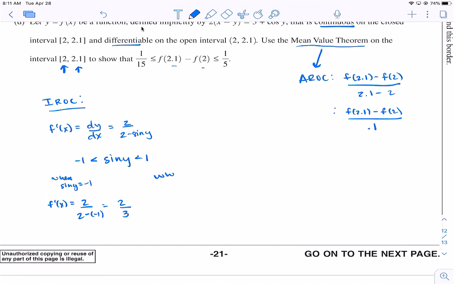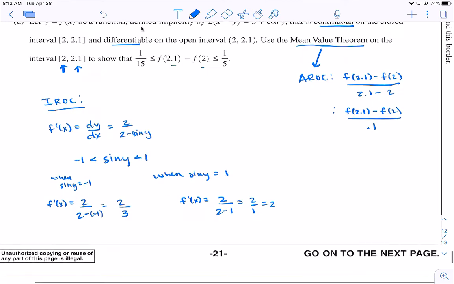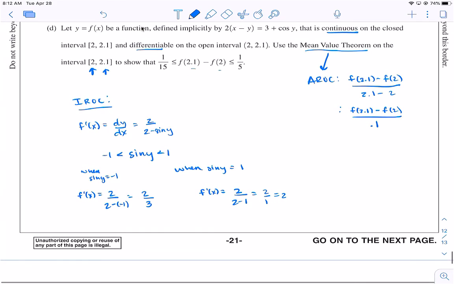What about when sine of y is equal to +1? Then f prime of x would equal 2 divided by 2 minus sine of y. I'm going to replace it with a 1. So it'd be 2 over 1, or 2. So the instantaneous rate of change is always in between 2/3 and 2.